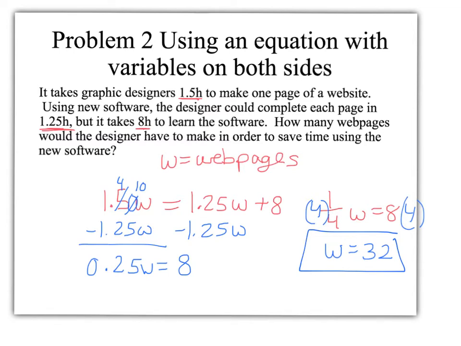You would have to actually make 33 web pages in order for them to save time, because at 32, they're equal. That's what we did. We set the two equal to each other. So if you're going to actually save time, anything over 32, so now 33, 34, 35, would actually be saving you time.